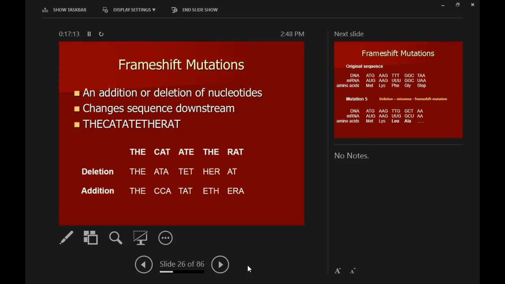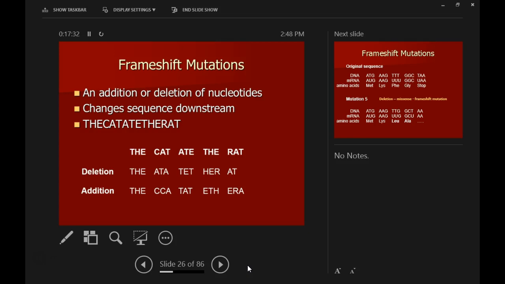So what was actually gone and part of the third codon is now part of the second. What was part of the fourth codon is now part of the third. Everything has shifted one space to the left.